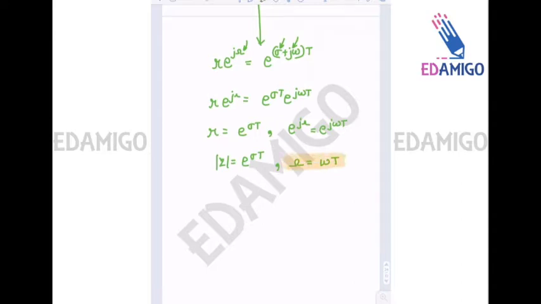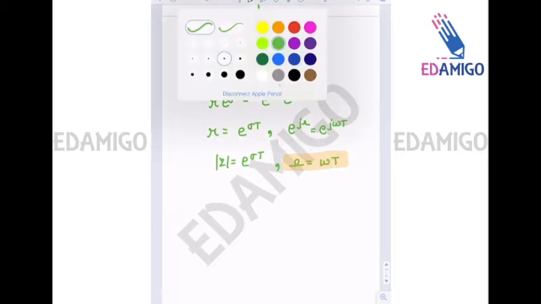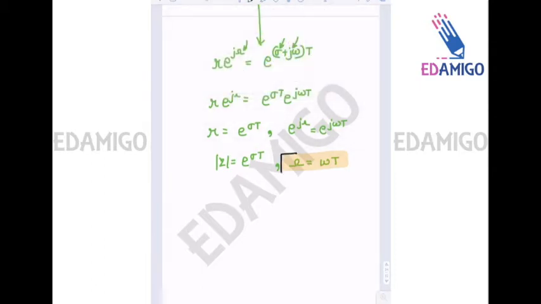They can ask you these relationships in a question directly, that is, in the impulse invariance method, how the digital and continuous frequencies are related, and how the magnitude of z is related to the real part of s.